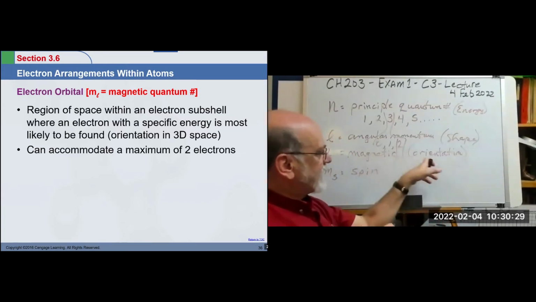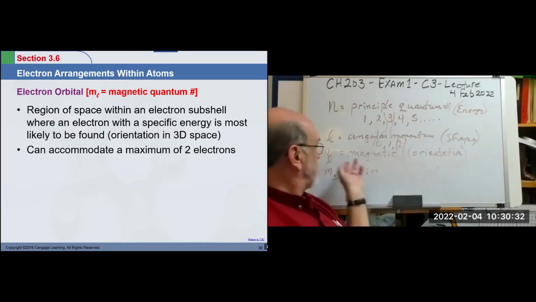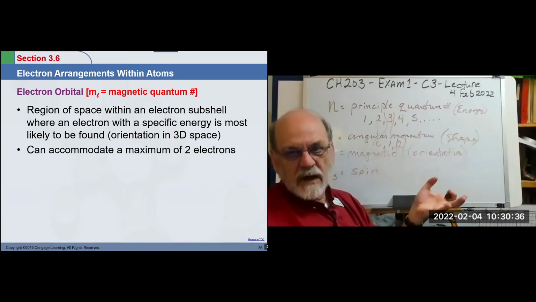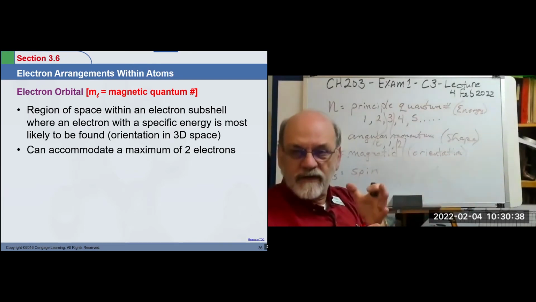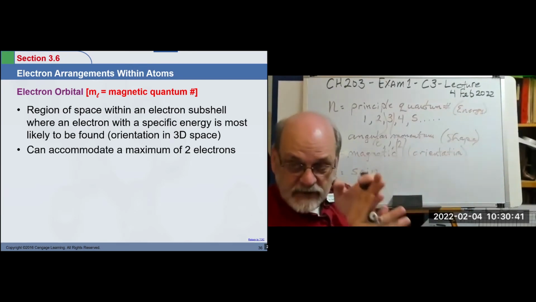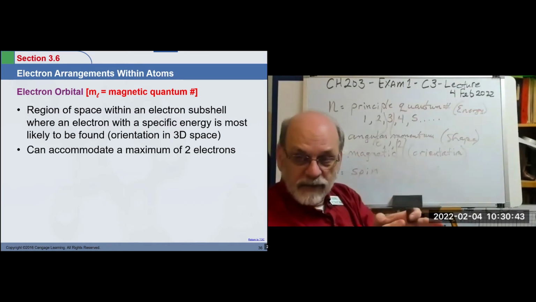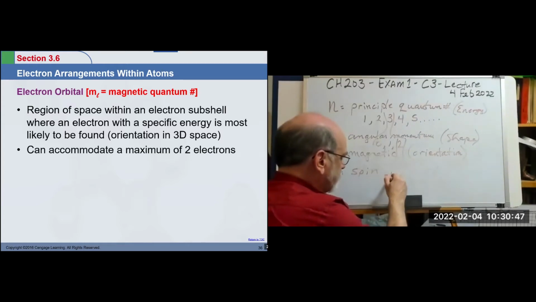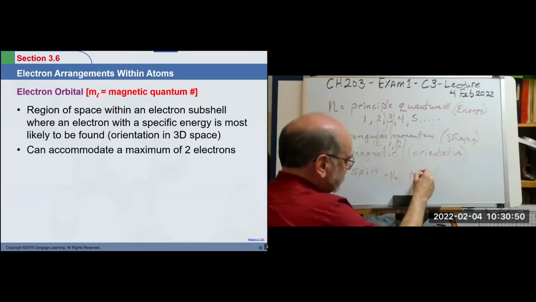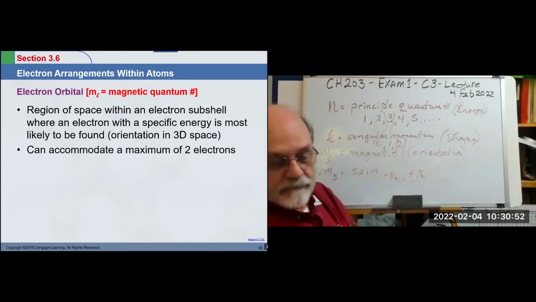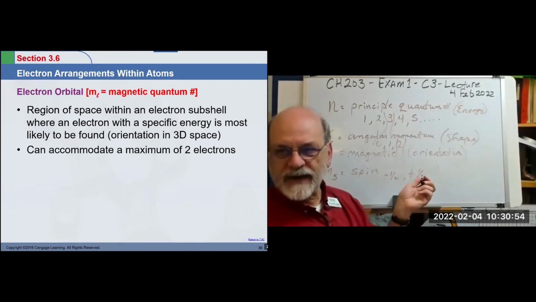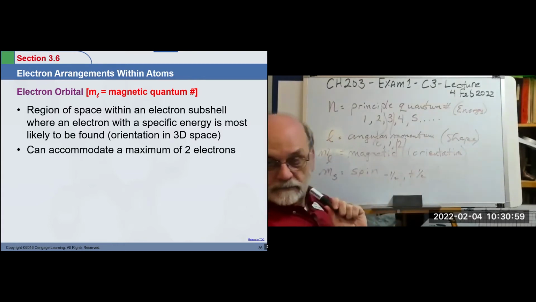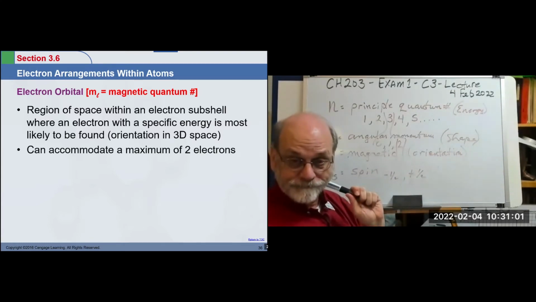At each one of these magnetic M sub L's, say we had a plus 1, within that subshell you can have a plus 1/2 or a minus 1/2. That's it. That's the only possibility for spin, but it can occur for any one of these M sub L's. Okay?